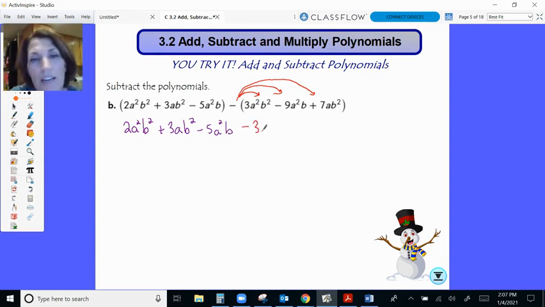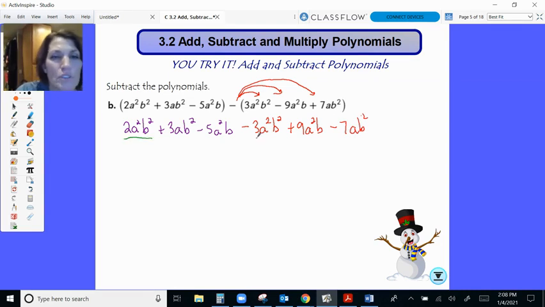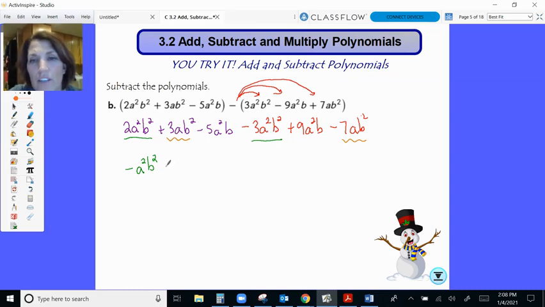If I distribute my negative, I'm going to end up with a negative 3a squared b squared plus 9a squared b minus 7ab squared. And I can start to combine my like terms. a squared b squared leaves me with a negative a squared b squared. Okay, I have ab squared right here and an ab squared here, so that leaves me with a negative 4ab squared.